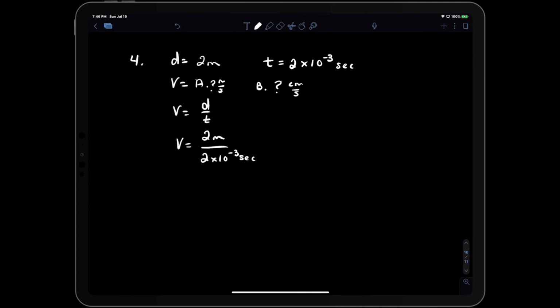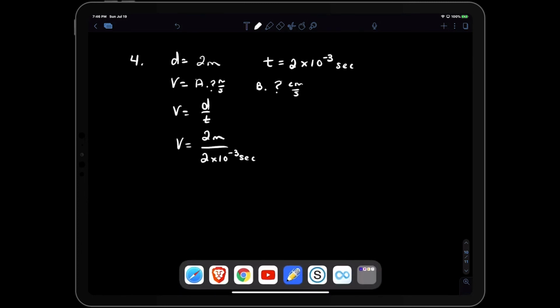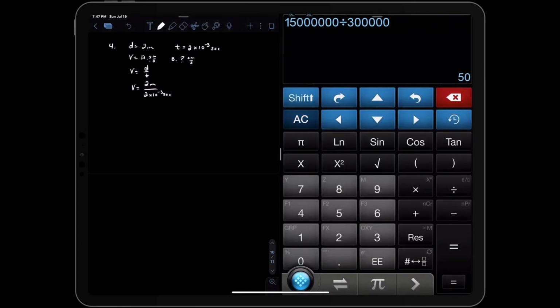So I'm going to actually put this one on the screen here so we can see how we properly use that scientific notation. You go 2 divided by 2. Do not hit that times 10 and the caret button. There's an EE button on your calculator. That represents the times 10. We're going to go negative 3 equals, and that's going to give us a velocity of 1,000 meter per second.